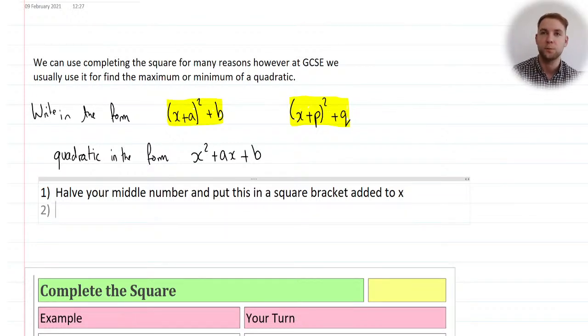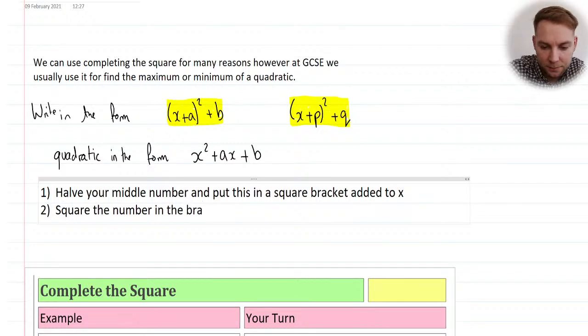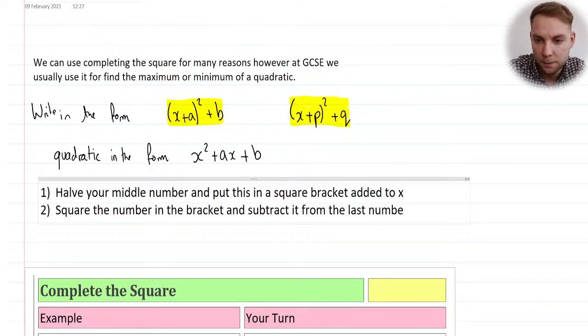So step 2 is to square the number in the bracket and subtract it from the last number in your quadratic.